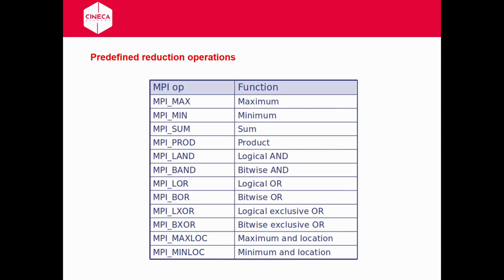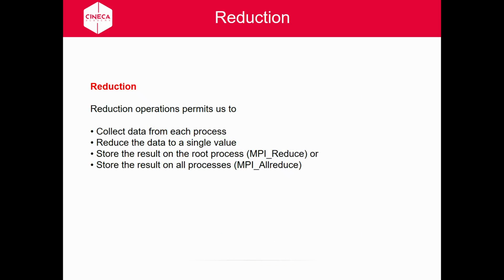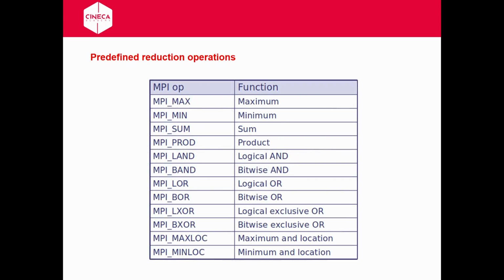All these operations can be avoided using the MPI reduce command, using this particular option, MPI max. Using this command, the MPI library performs for you the operation that I told you.